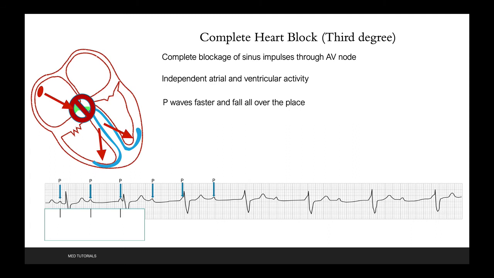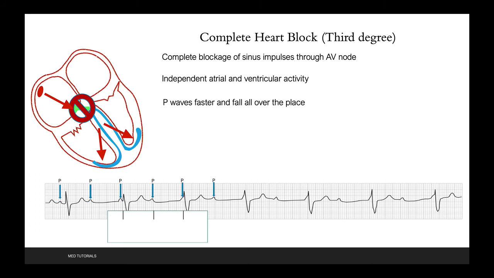And how we notice these P waves for their regularity is, we can either use calipers, or if that's not available you could take a card or a slip of paper and mark the first few visible P waves, and as you move it forward you will see that these P waves are consistently appearing independent of the QRS complex.